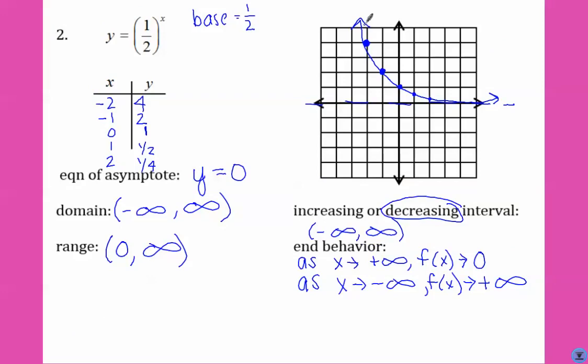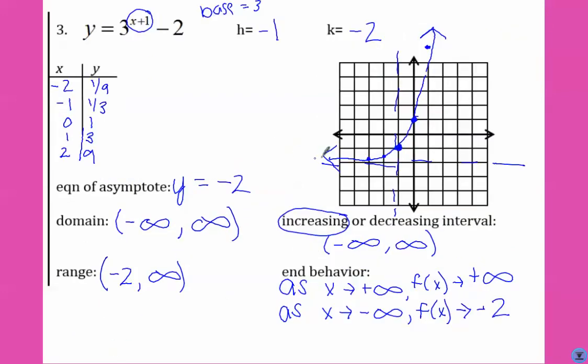In number 2, as we move from left to right, it goes down, so this is a decay function. Number 3, although we shifted it down, as we move to left and right, it grows, so this is a growth function.